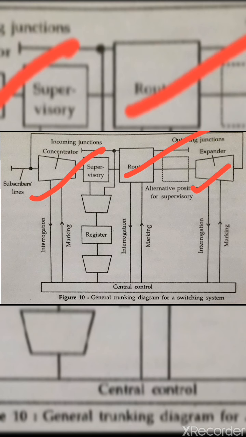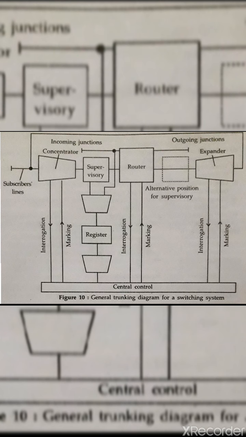A customer call is connected to a supervisory trunk by a concentrator. For a local call, the route switch connects the supervisory trunk to the particular expander on which the line of the called customer is terminated.